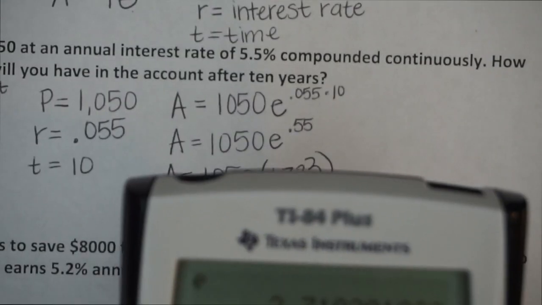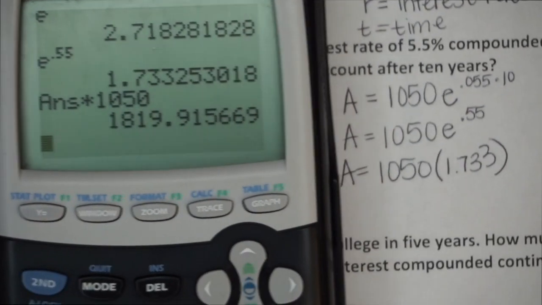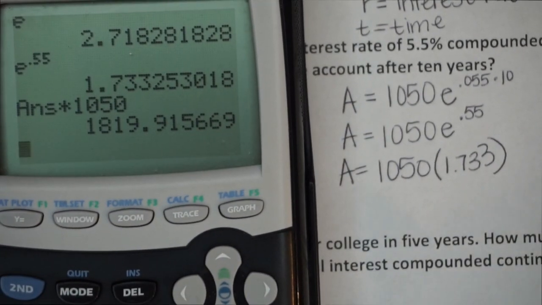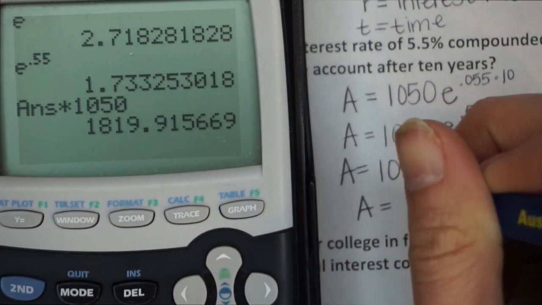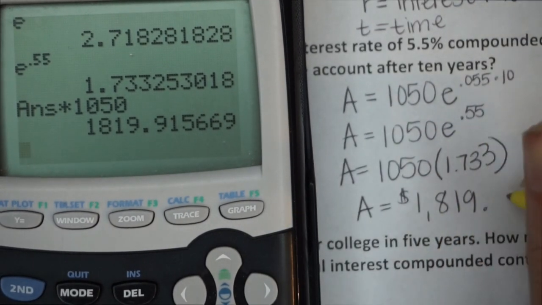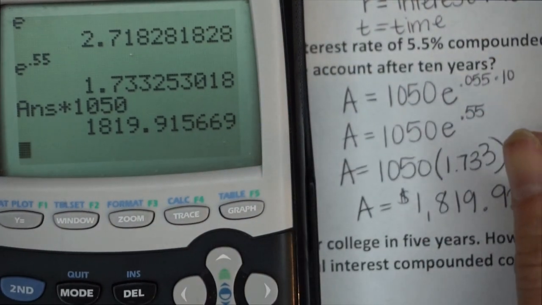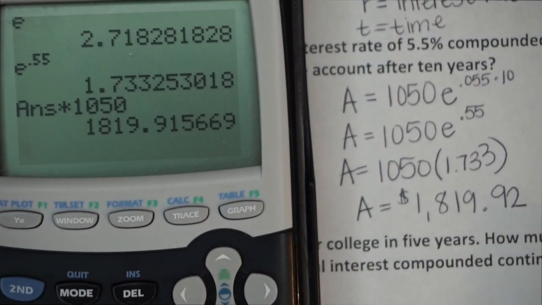All right, so now we multiply them. And after 10 years, you should have $1,819.90. We need to round up, 92 cents in your account.